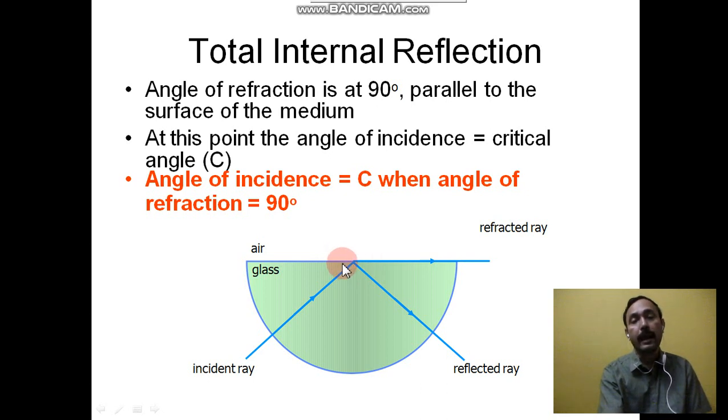At this point, the angle of incidence is equal to the critical angle. We have already stated that when the angle of incidence is such that the refracted ray becomes 90 degrees with the normal, this is known as the critical angle. So the angle of incidence is equal to C, the critical angle, when the angle of refraction is 90 degrees.